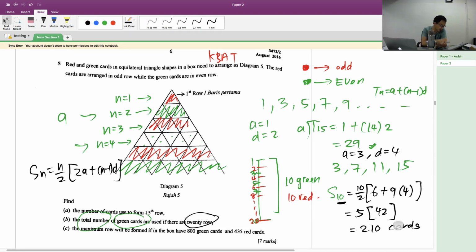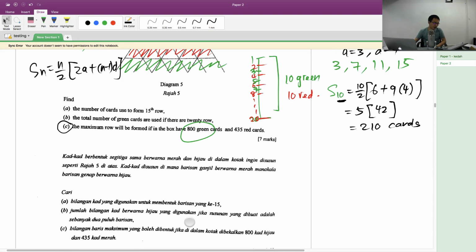Okay, the next one, if you understand about this one, we go to part C. The maximum number of rows that can be formed if the box has 800 green cards and 435 red cards. So in this case, you want to know how many rows you can form, because you must follow exactly the rule here, which is green, red, red, green, red, green, red, green, red. So even if you have so many green, it doesn't make any difference.